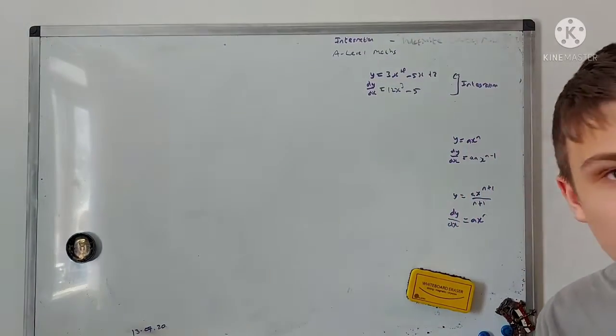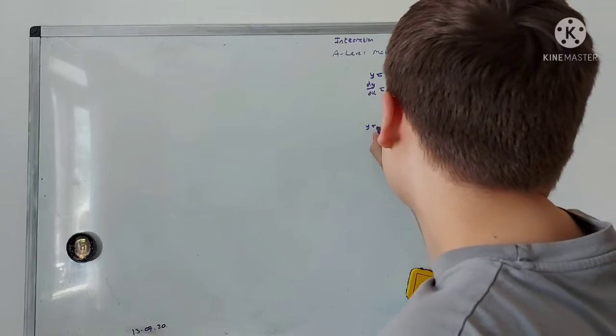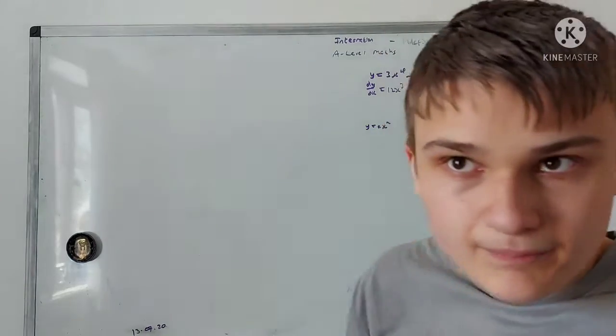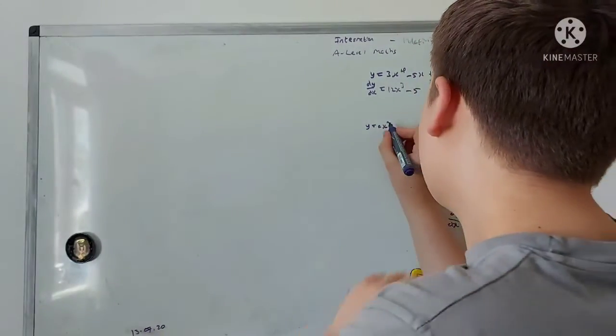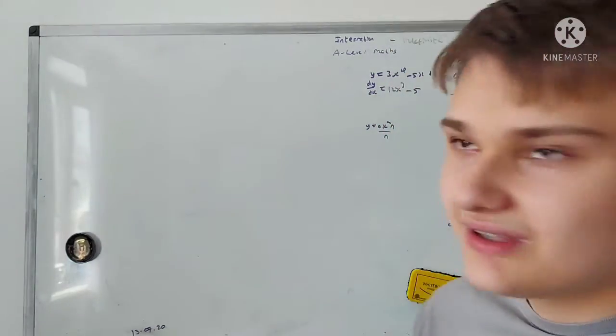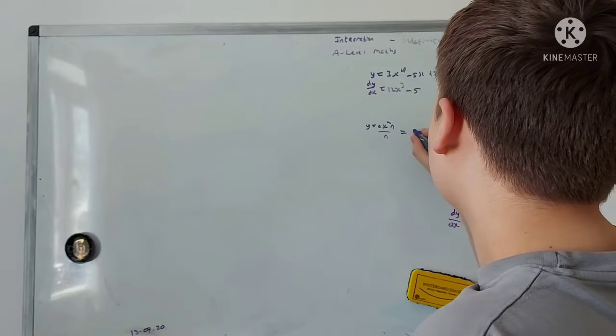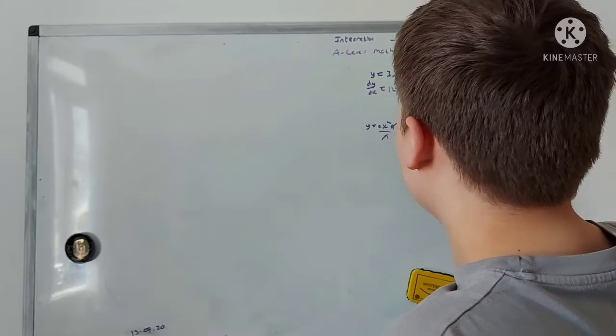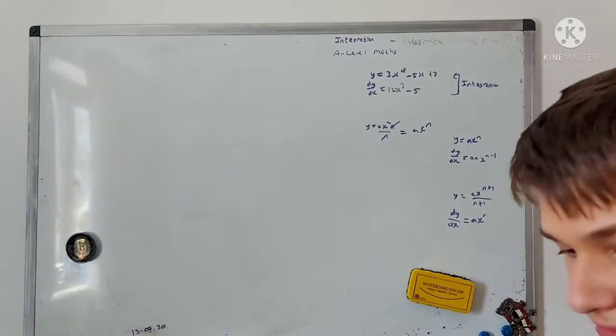So if I take y equals ax to the n again, and I multiply by the n and then divide by the n, I'd see that I get back to ax to the n because my n's will cancel out. So you can see where this process actually comes from.